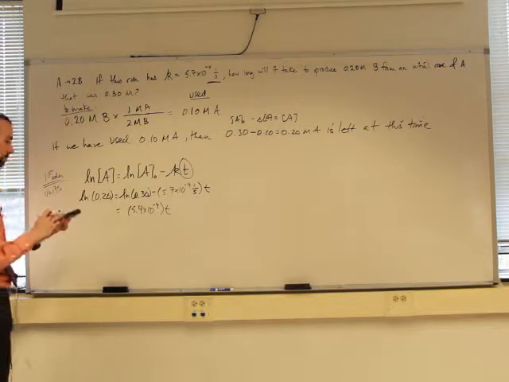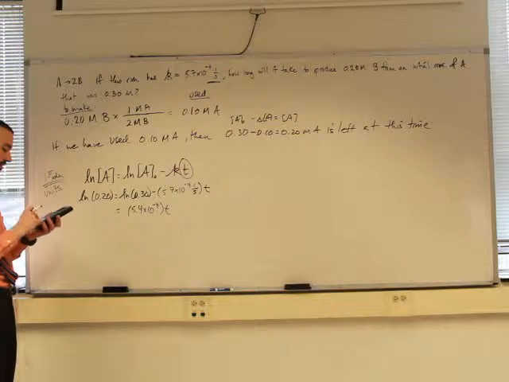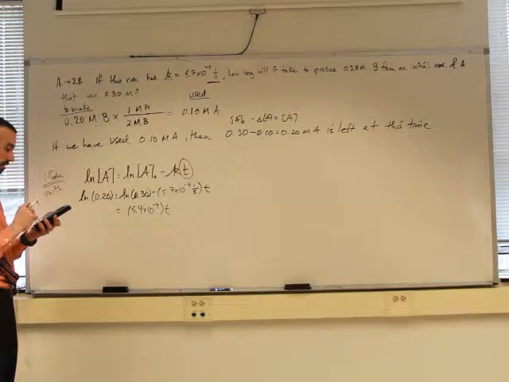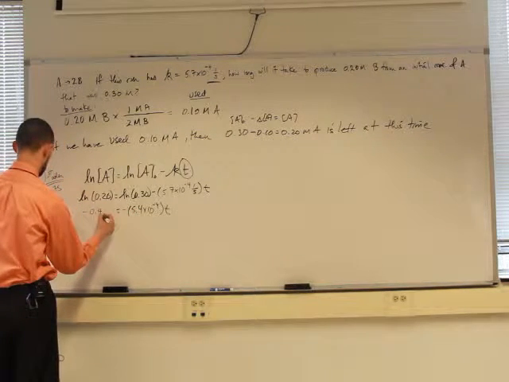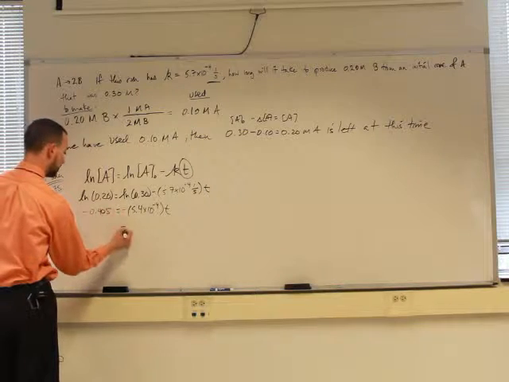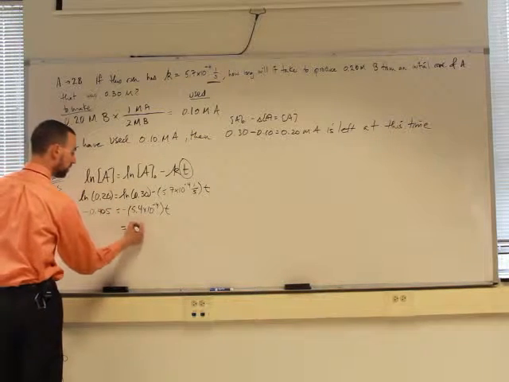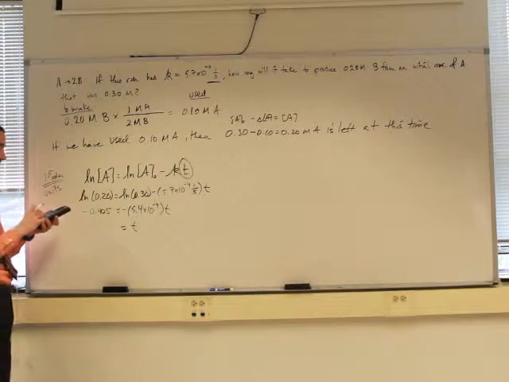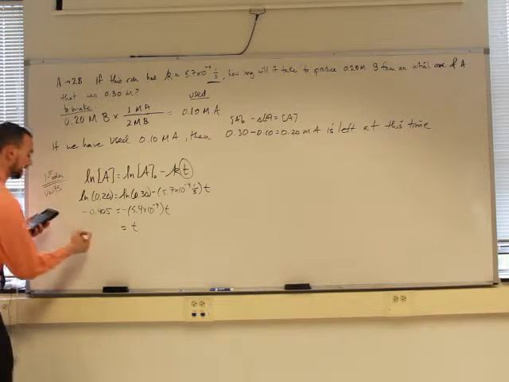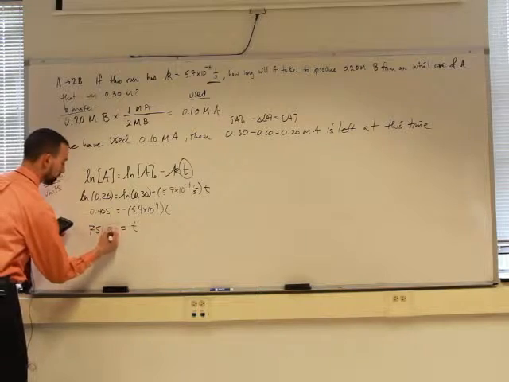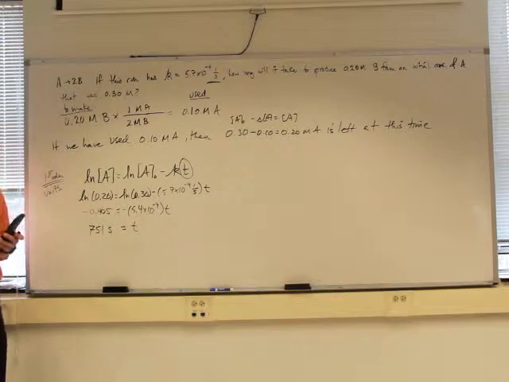So that's going to be negative 0.405 equals the 5.4 times 10 to the minus 4 times t, so now divide by that. And I get 751 seconds.